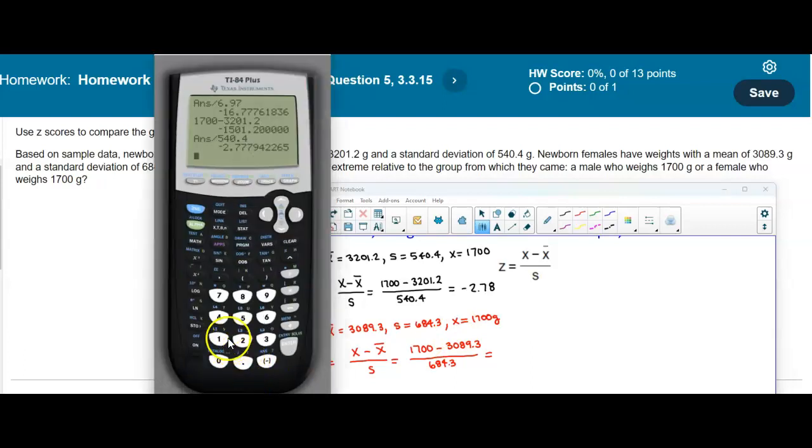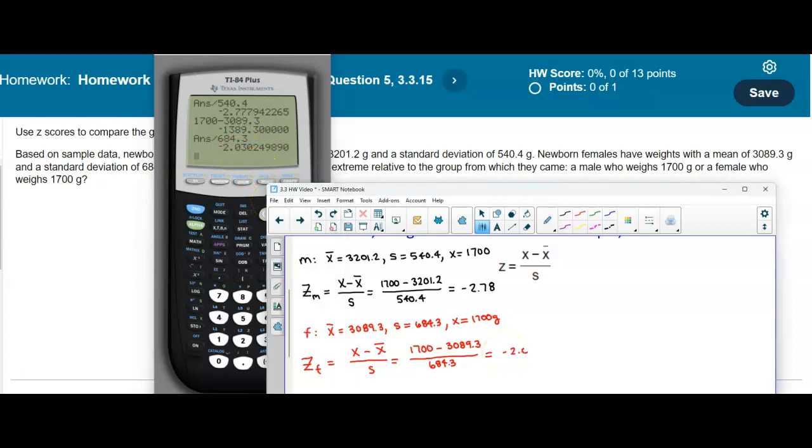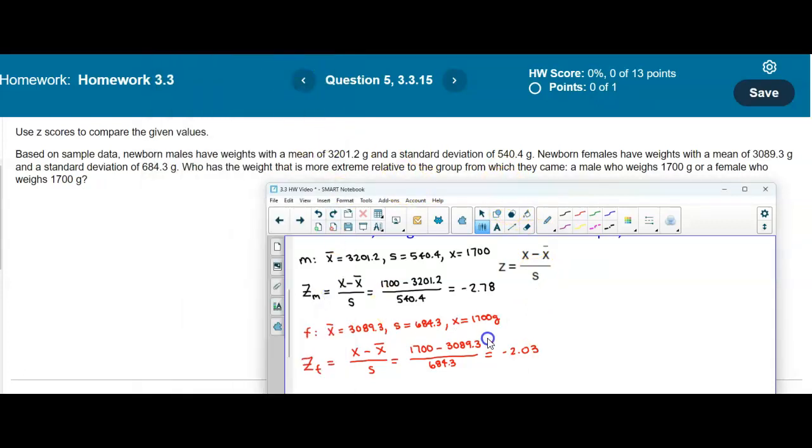So we take 1,700, subtract 3,089.3, divide that by 684.3, round that to 2 decimal places, and we get negative 2.03.